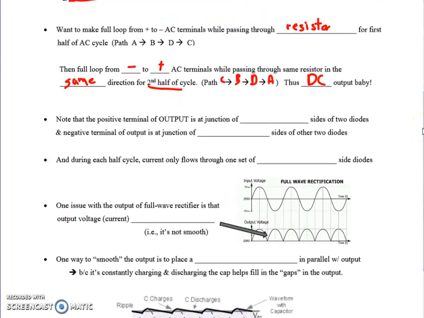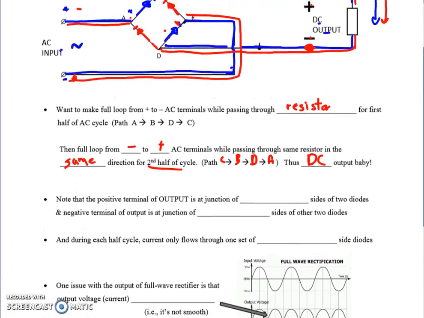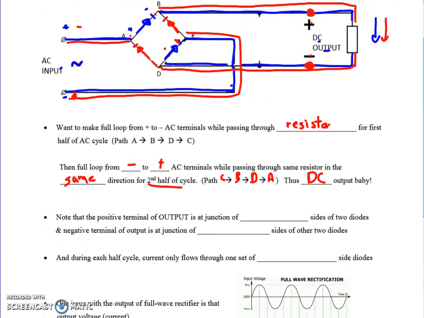Okay, so the positive, in fact, address it now. Note that the positive terminal of the output is at the junction of the same sides, the negative sides of the two diodes.